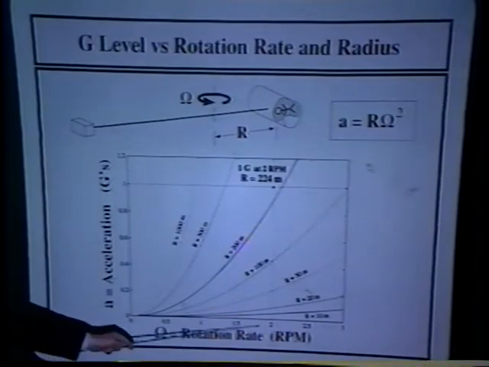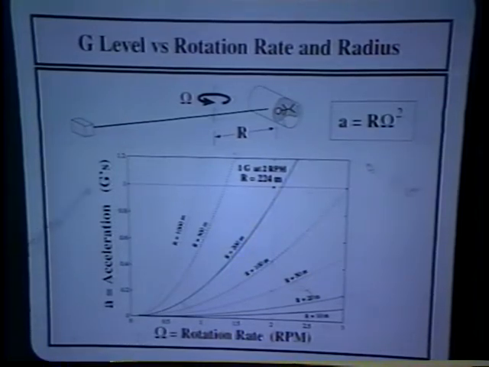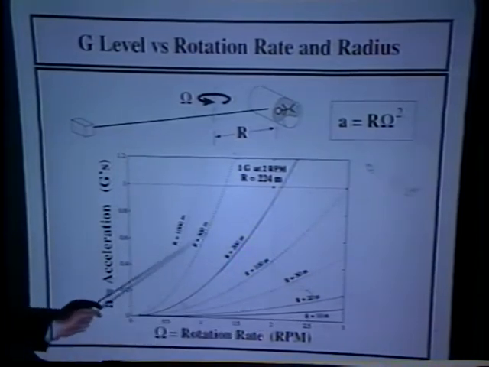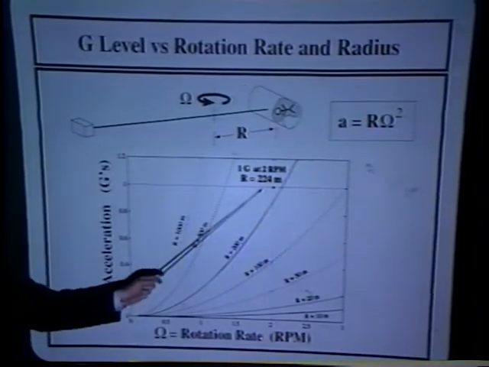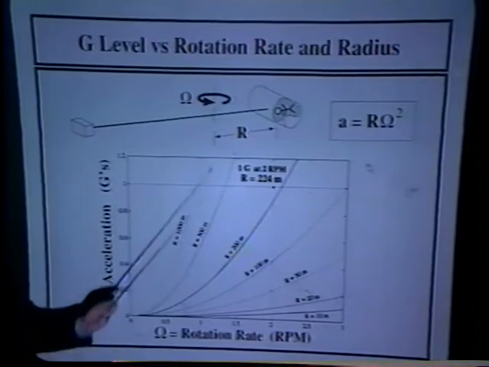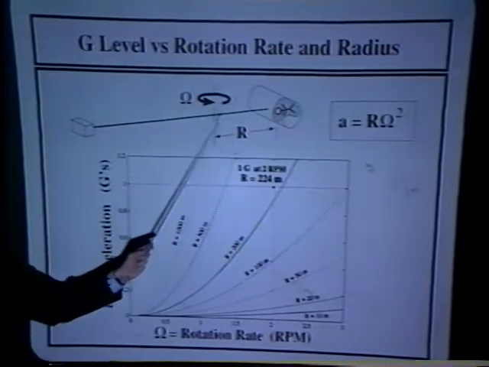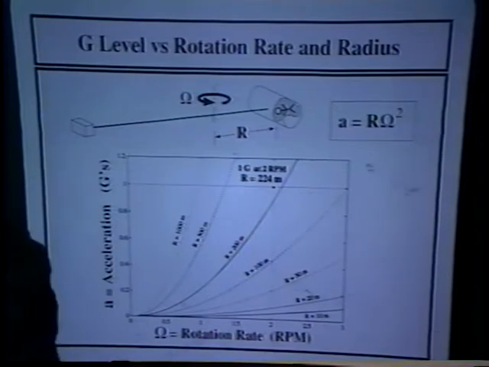But going with a conservative value of 2 RPM, this chart of the G level versus rotation rate for different spacecraft radius arms shows that 1 G at 2 RPM would require a radius of 224 meters. So the diameter of the spacecraft would be considerably longer than that, particularly if the counterweight is much smaller than the HAB module. The overall length that we're talking about could be as much as 1 kilometer, and that's much longer than anything that has been built in space so far.